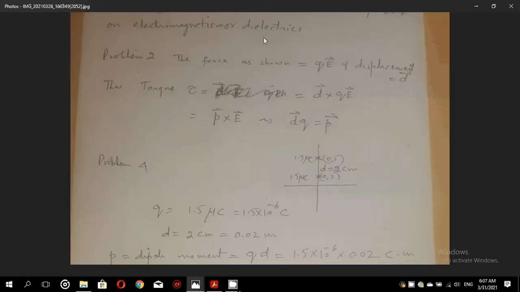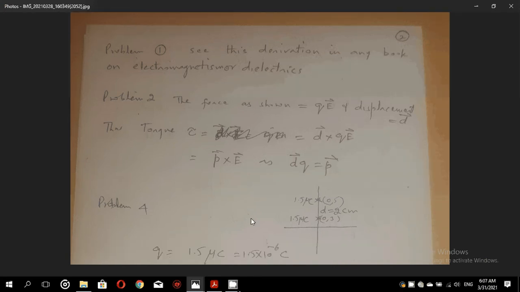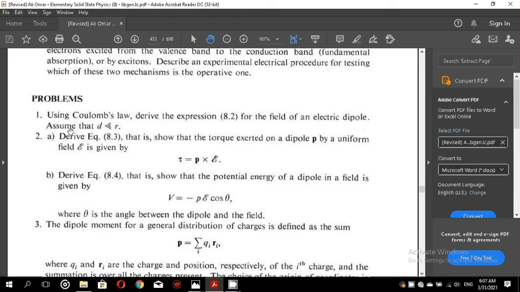So here is problem number 1 solved, and the statement of the problem. Let me give you the statement. Using Coulomb's law, derive the expressions 8.2 for the field of an electric dipole. Assume that t is much less than r.